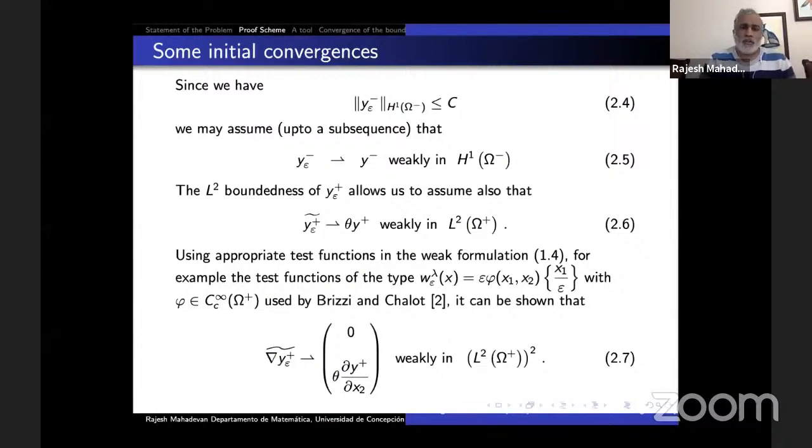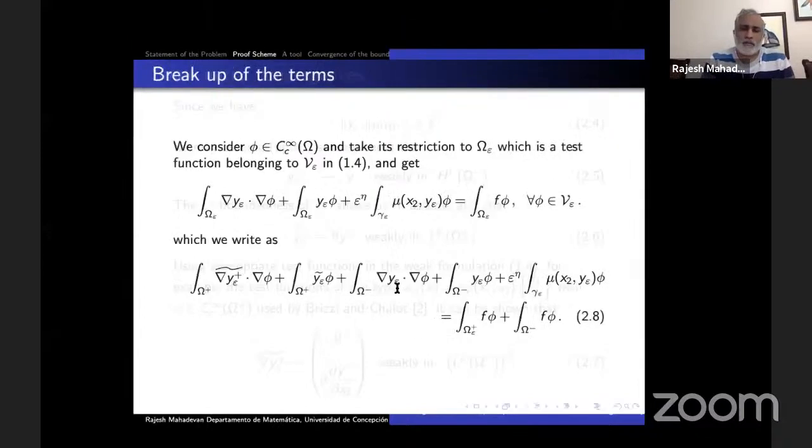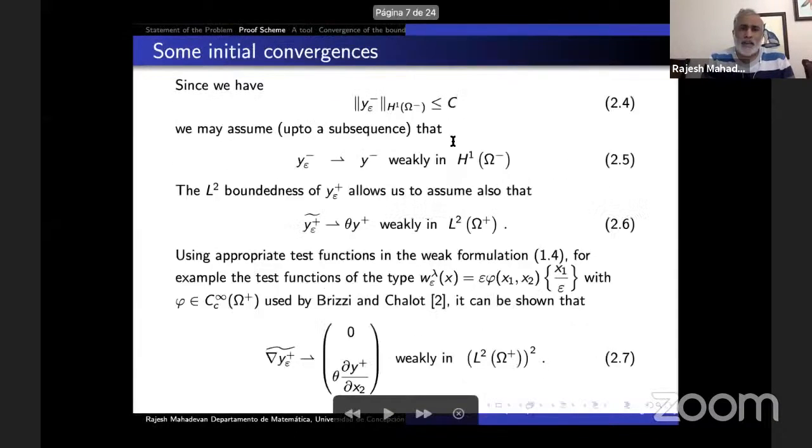So what do we have so far? We have the weak convergence of y epsilon in the lower part in H1, and in the upper part you have the L2 weak convergence of the extensions by 0 of y epsilon plus and its gradient, and you can identify them properly.